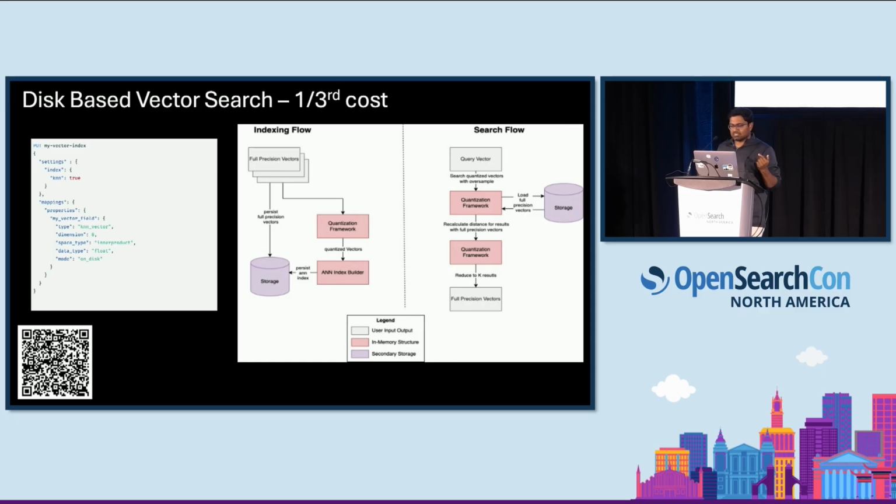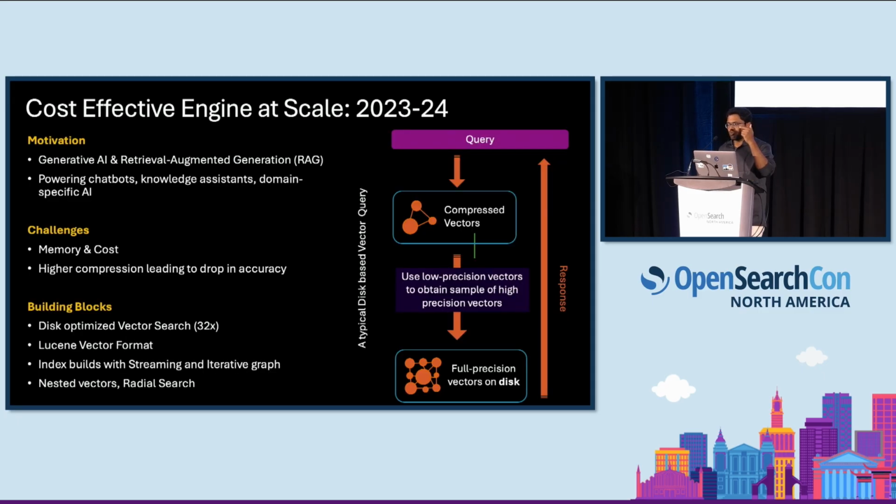During your query, you run the search against the compressed vectors. This search is very fast because the binary vectors use Hamming distance, and Hamming distance computations are pretty fast. You get the k neighbors out of these compressed vectors, then go to disk to get the full precision vectors. Then you can rescore with the query vector against all of these full precision vectors, and finally come up with the k neighbors.